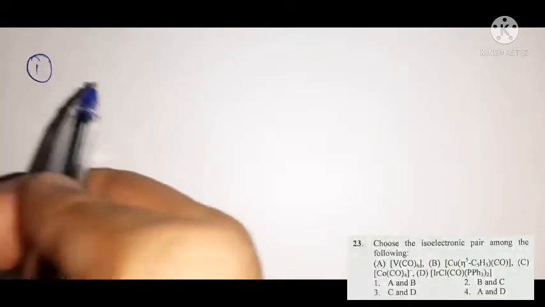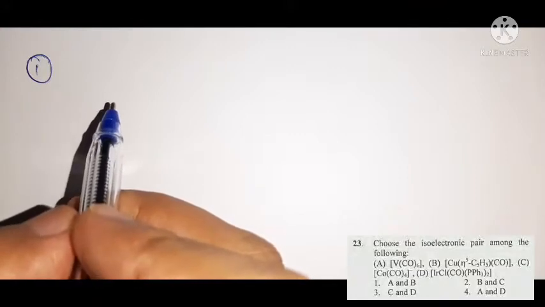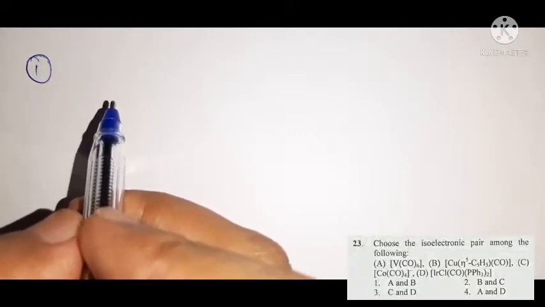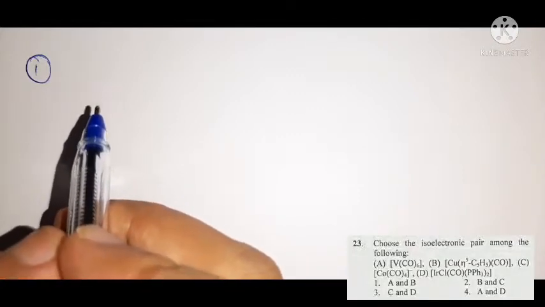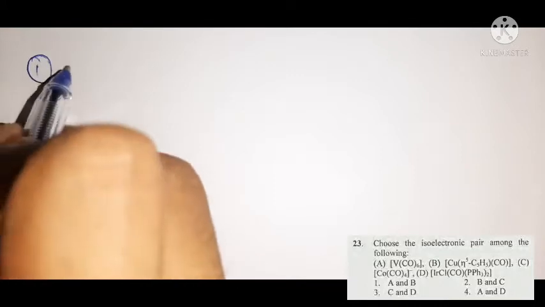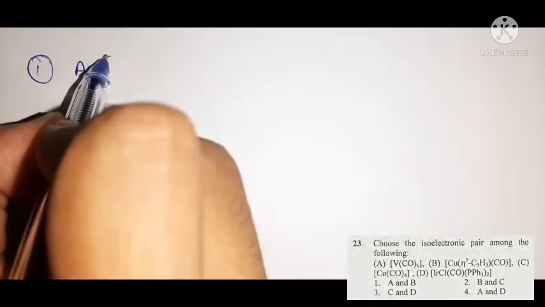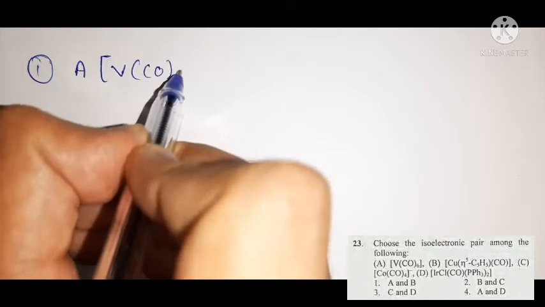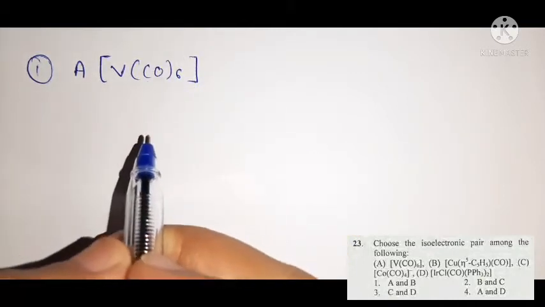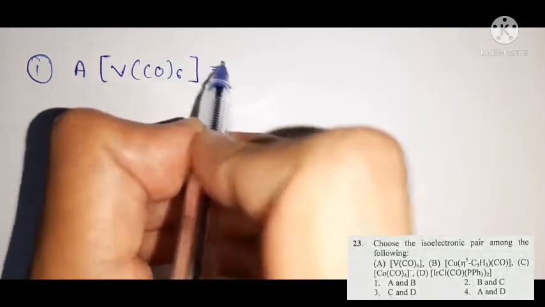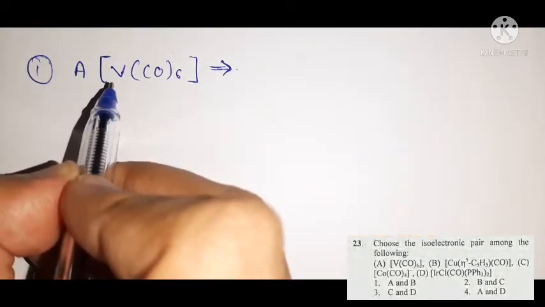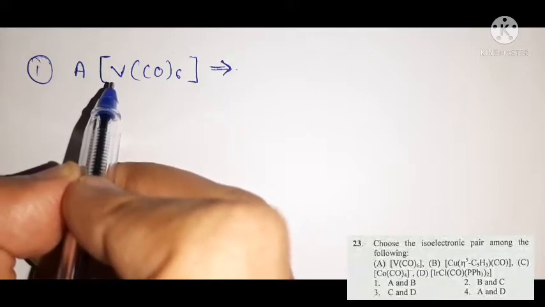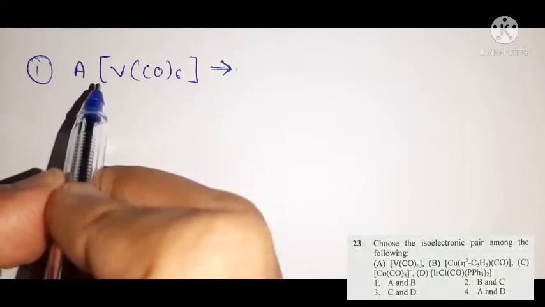So we must find the isoelectronic pair. First of all, we must count the number of electrons present in each complex. So for complex A, that is the complex of vanadium with 6 CO ligands, vanadium has 5 valence electrons, that is, the electronic configuration 3d3 4s2.